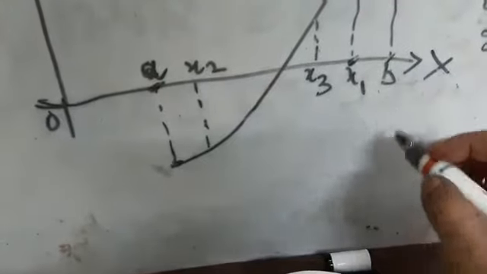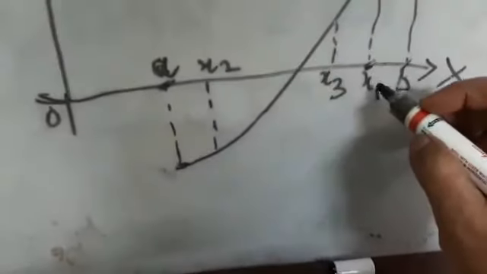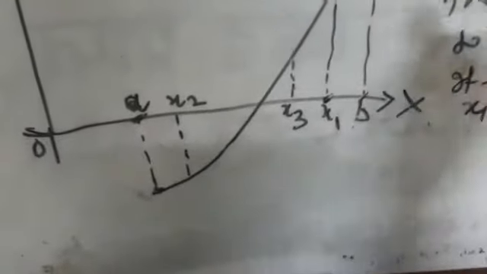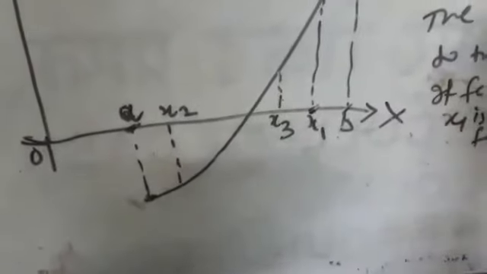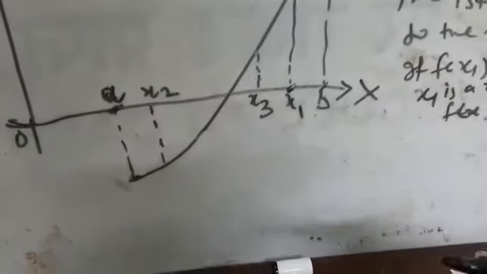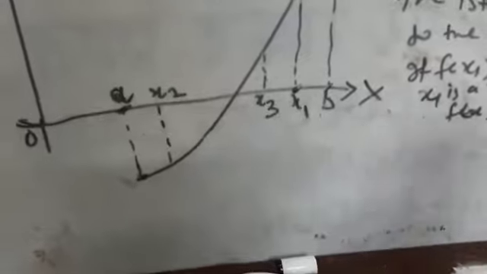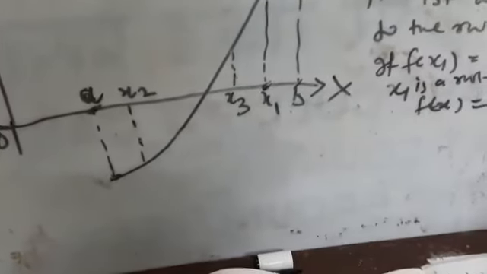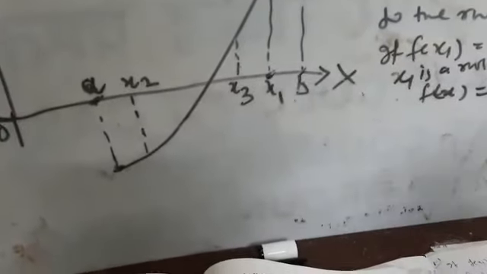If f(x1) is negative, then the root lies between x1 and b. Because if f(x1) is positive, the other value, f(a), is negative. So always we see negative, positive.